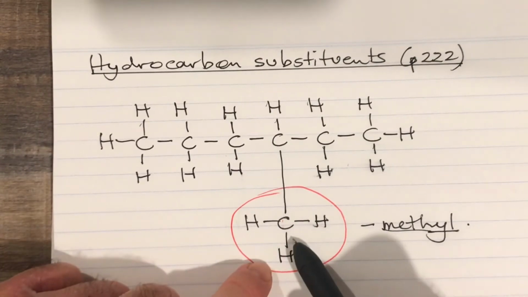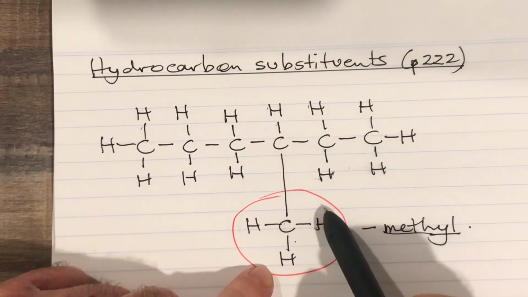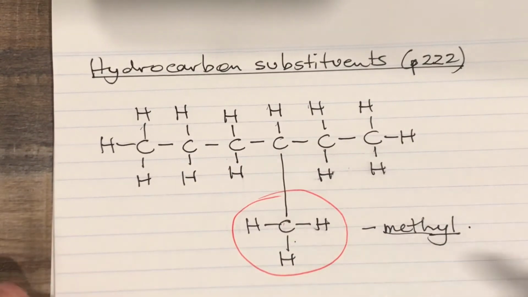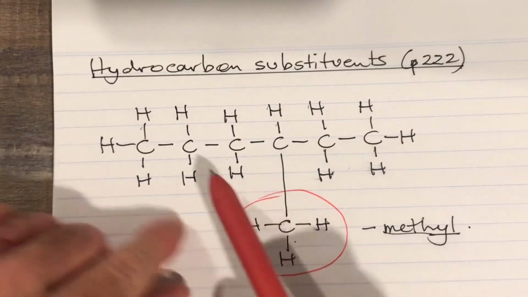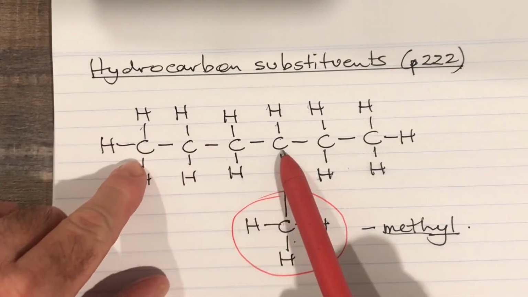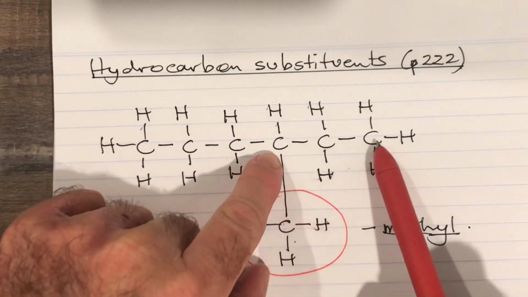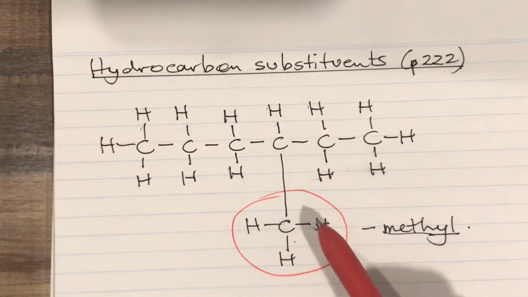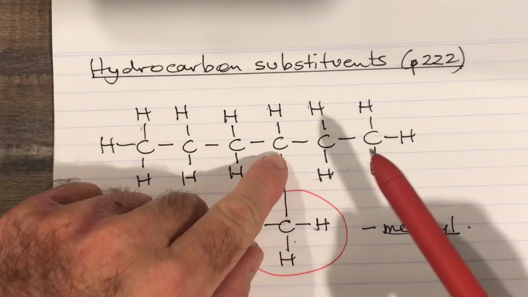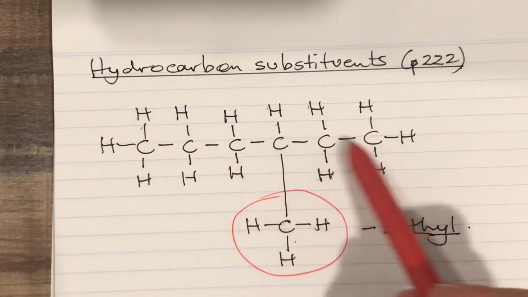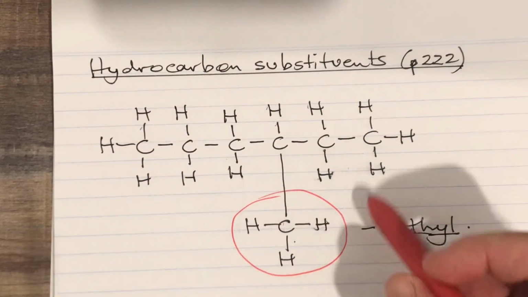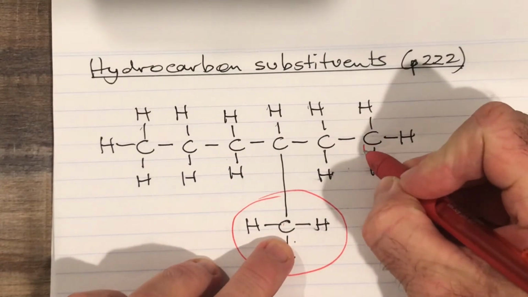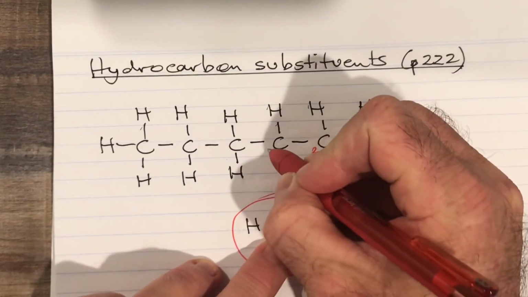This methyl group is located along the main chain. Now the question is, is the methyl group attached to the 4th carbon, or the 3rd carbon? Well, the answer is the 3rd carbon. You always number the main chain to give any substituents the lowest possible number. So we number it from right to left.